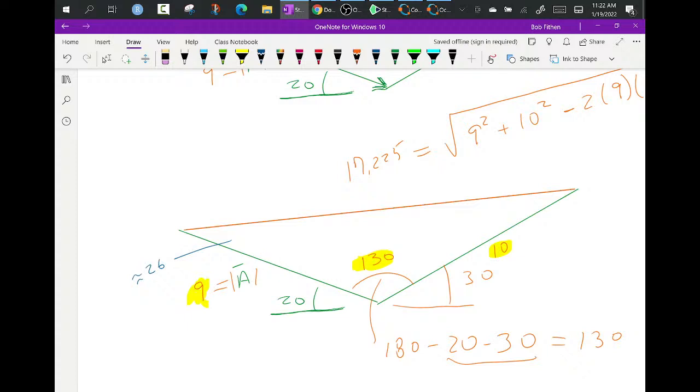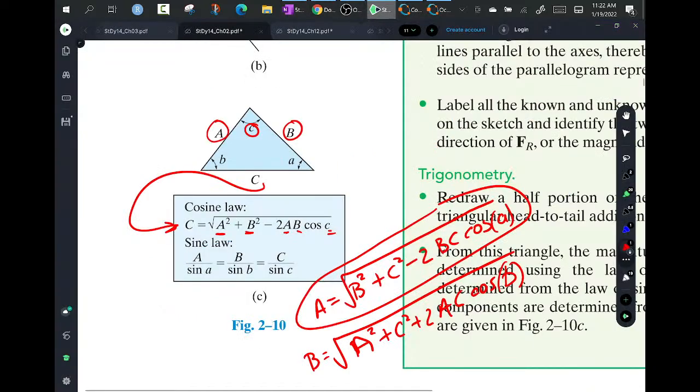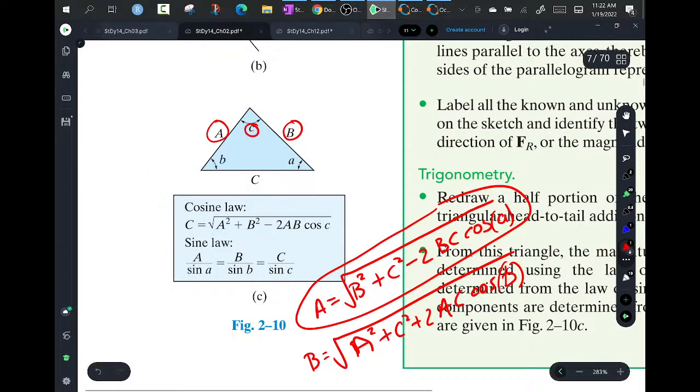Now that I have this side, I'm back in the realm of dealing straight with the law of sines. It is true I could go in here and use the law of cosines, and there's an advantage to that. But now I know these four.